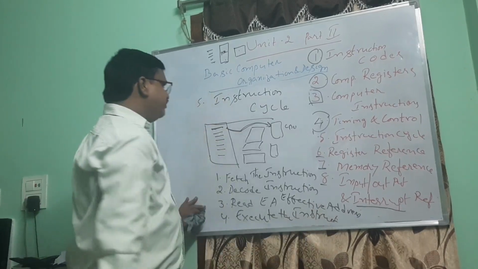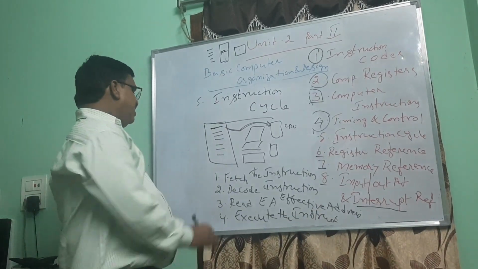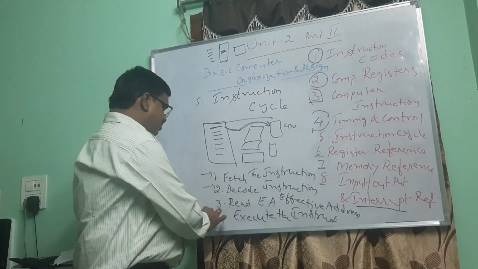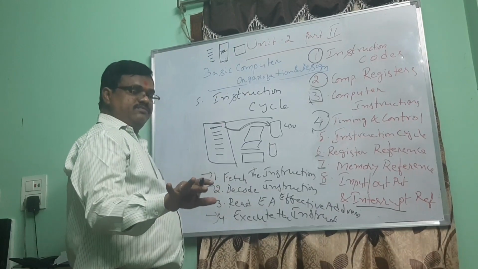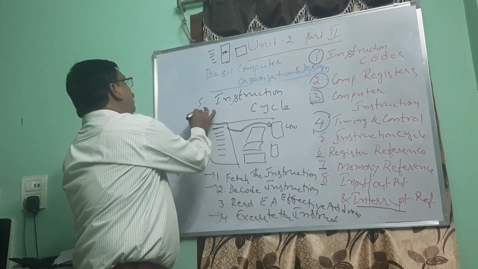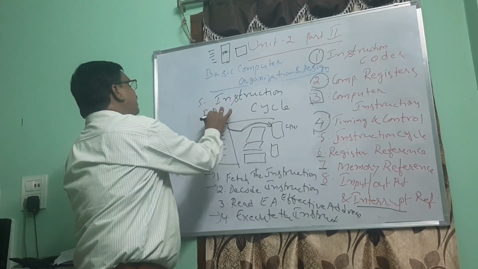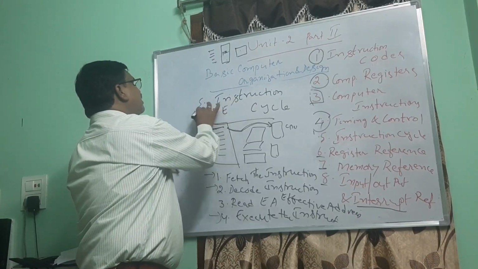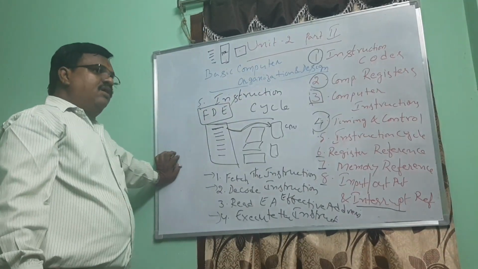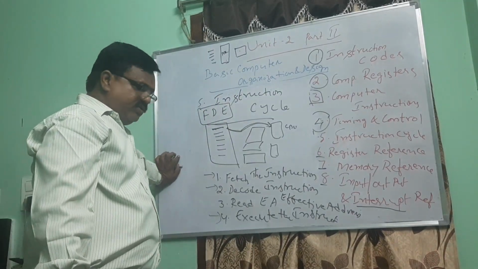So basically an instruction cycle contains three parts. One is fetch, second is decode, third is execute. Please remember: fetch, decode, execute. So to discuss an instruction cycle, we need to discuss these three: fetching, decoding and executing.